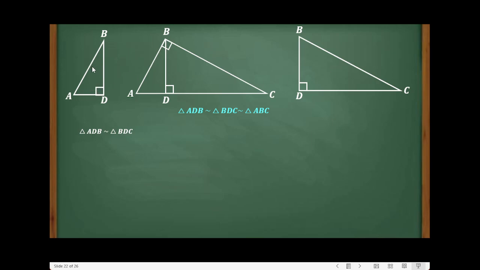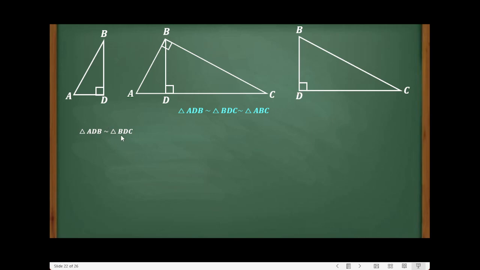That is, point A from this triangle corresponds to point B of this triangle right here. And D, which happens to be the vertex where the right angle is located, corresponds to point D also, where the right angle is located.